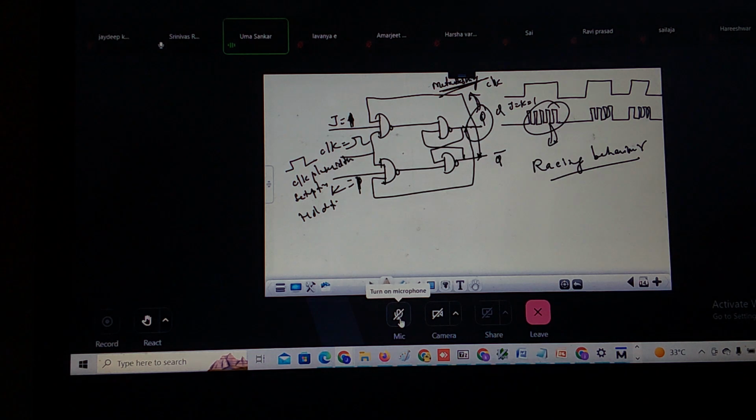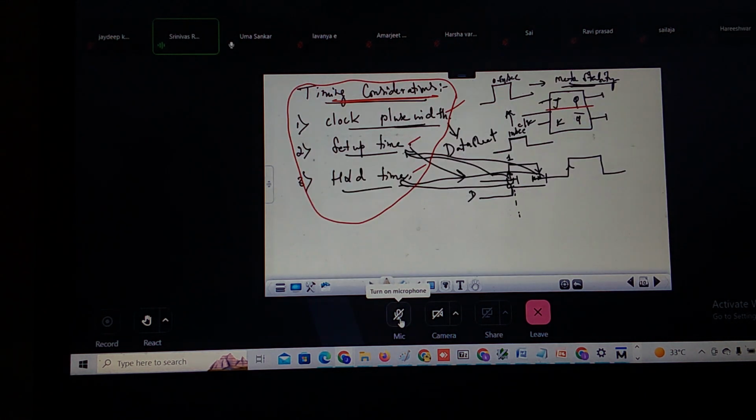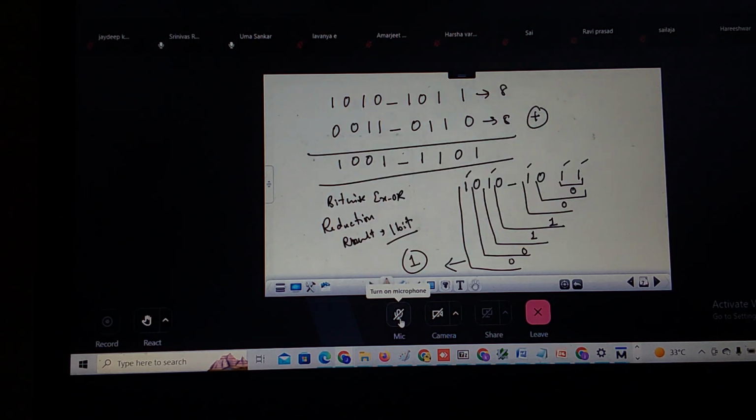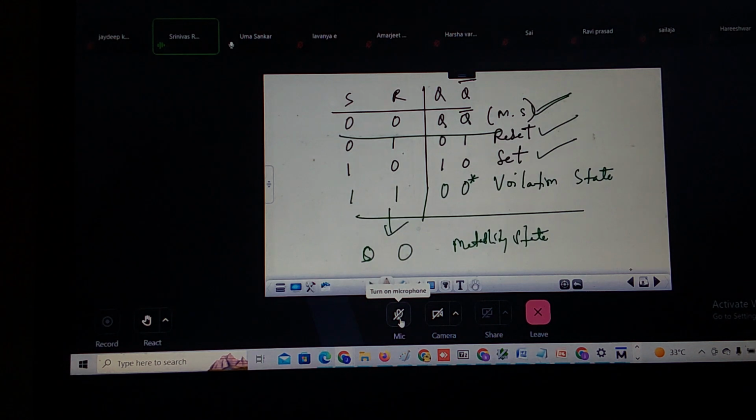Sir, NOR latch gives metastability state and NAND latch gives toggle, store, erase around. No, both your NOR latch and NAND latch will give the unreliable state. See in the NOR latch, when S is equal to 1 and R is equal to 1, if you put S is equal to 0, R is equal to 0, you will be getting unreliable output.